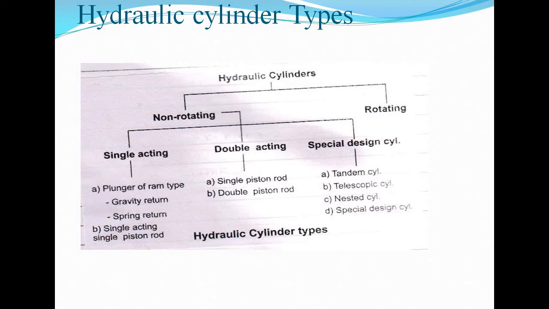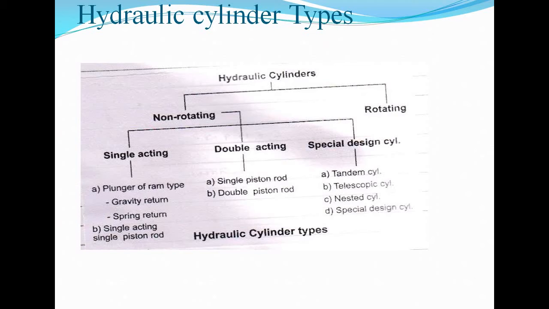Under single acting non-rotating cylinders you can see plunger or ram type. Under that, gravity return and spring return are the two types. Second is single acting single piston rod.